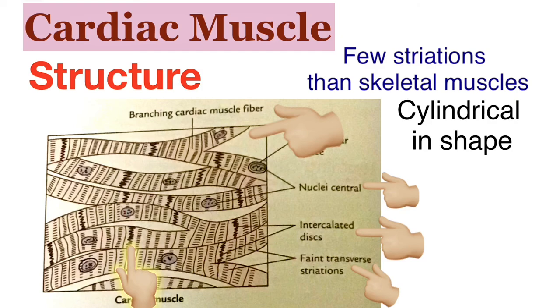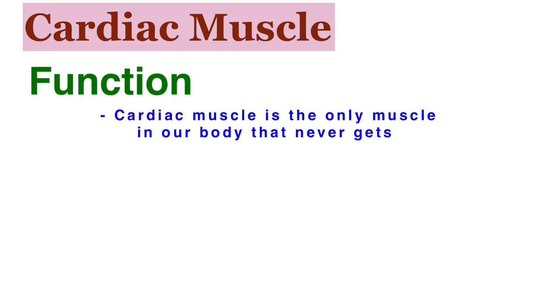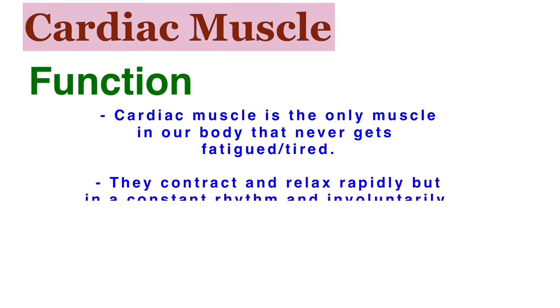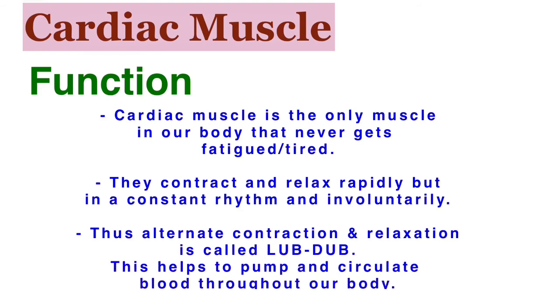It is typically found only in cardiac muscles. Function of cardiac muscles. Cardiac muscle is the only muscle in our body that never gets fatigued or tired. They contract and relax rapidly, but with a constant rhythm and involuntarily throughout our life. This alternate contraction and relaxation of the myocardium is called lub dub, which helps to pump the blood and circulate it throughout the different parts of our body.